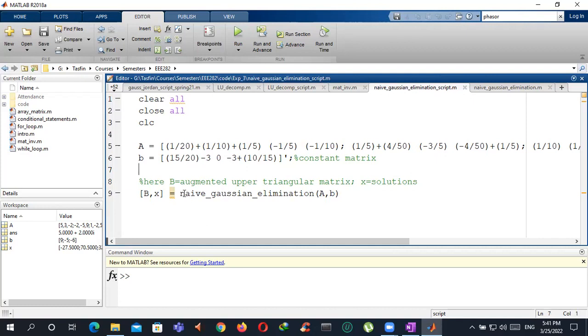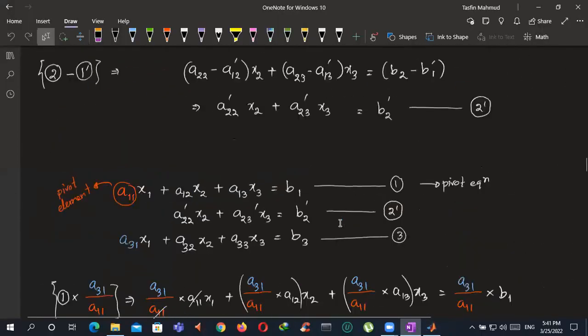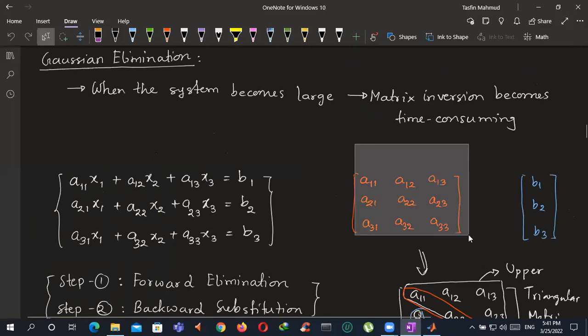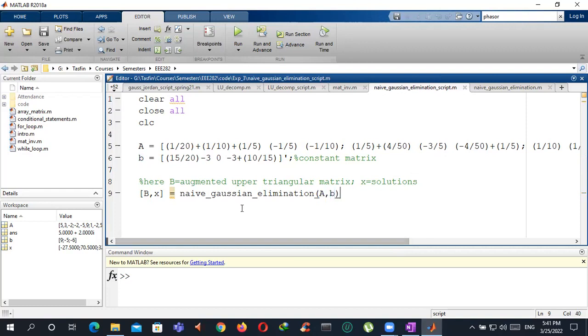So we are writing a function called naive Gaussian elimination. This function takes as input the coefficient matrix and the constant matrix, the A and B that we worked with. We are giving these two inputs and getting two outputs from this function.